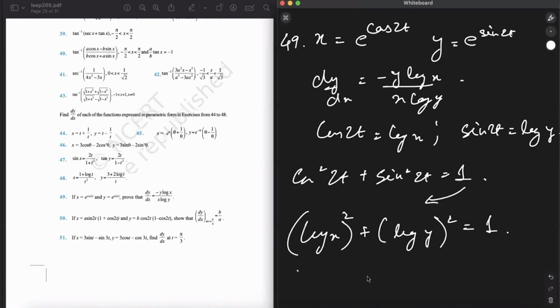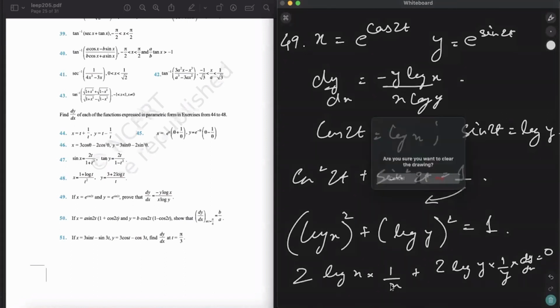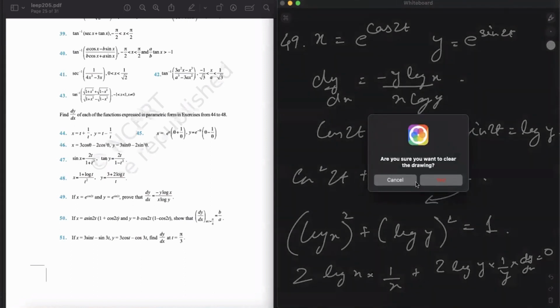So 2 log x into 1 upon x plus 2 log y into 1 upon y into dy by dx is equal to 0.